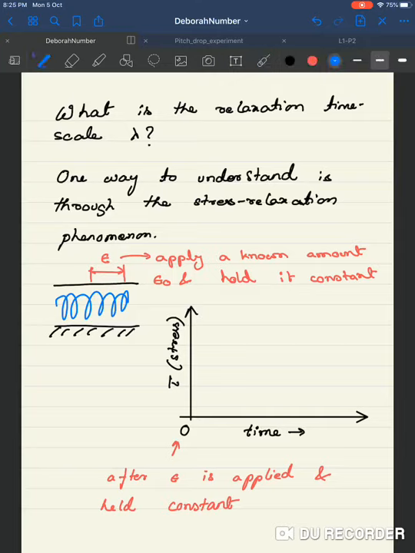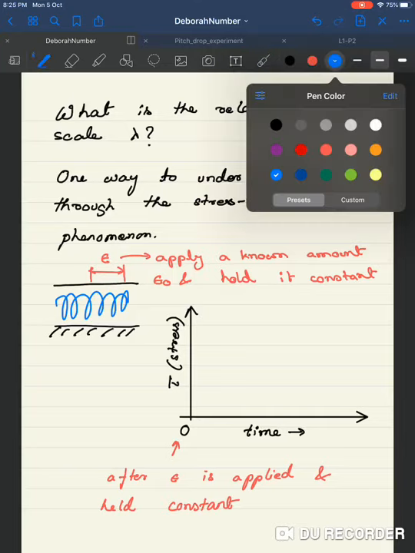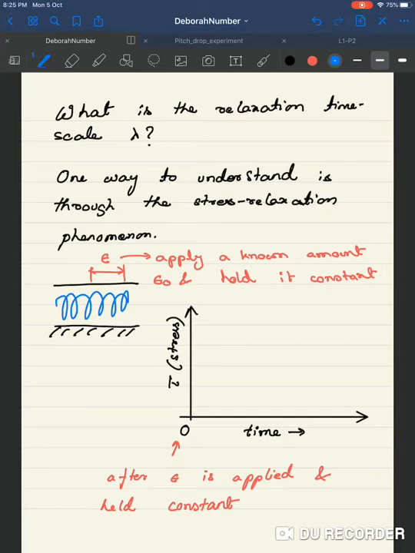So if you had an ideal solid here, your curve would look something like this. It starts from some value, and you have to hold it constant forever. But for any real material, what actually ends up happening is that it decreases with time.